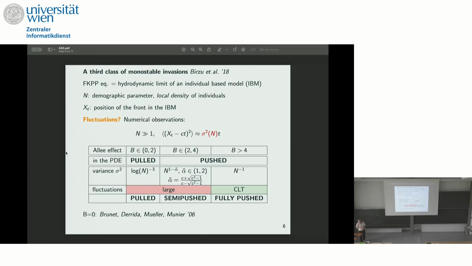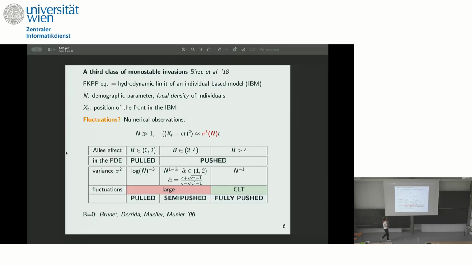So they computed the variance in the position of the front and observed numerically that it grows linearly with time, and that there are three regimes for the proportionality factor, sigma squared.